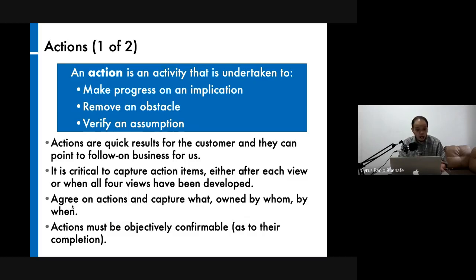In fact, I would even dare say it has to be binary. It's either done or it's not, right? There's no gray area like 70% or 50%. If it's 70 or 50%, it's not done, right? It has to be clear. So these are the actions to be done.